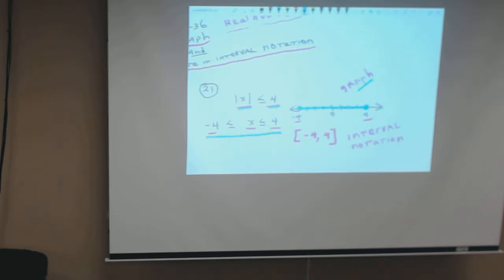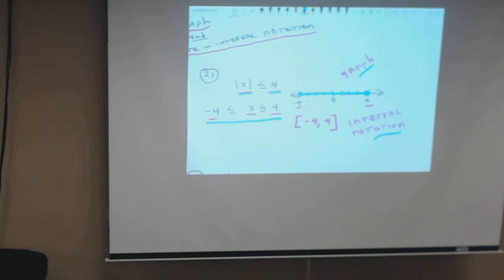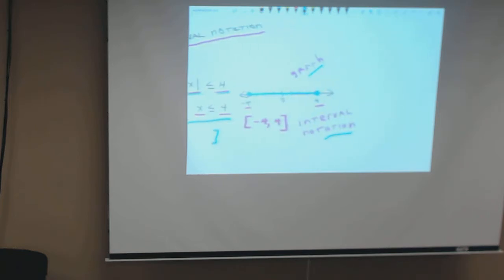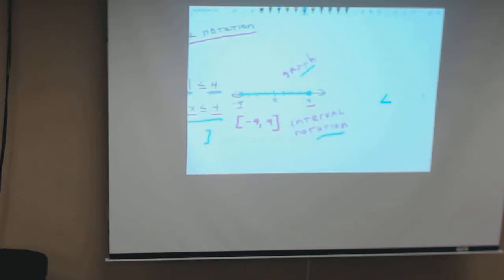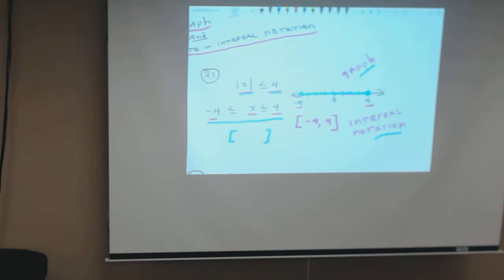Now we're going to do it in interval notation, and watch how we do it. Since it said less than or equal to, I just put one of these here and one of these here: brackets. If it said less than, I would put parentheses. And then where does it start?